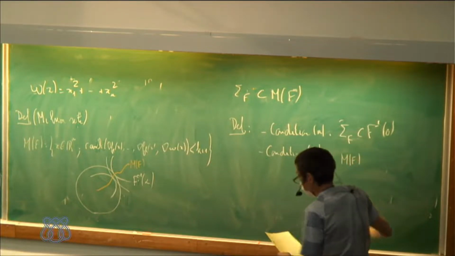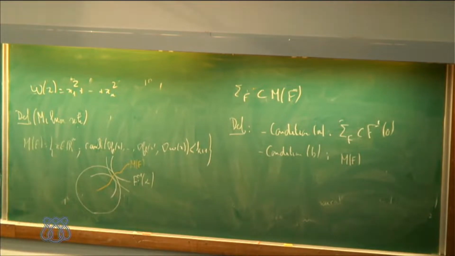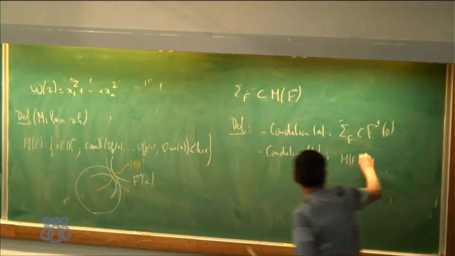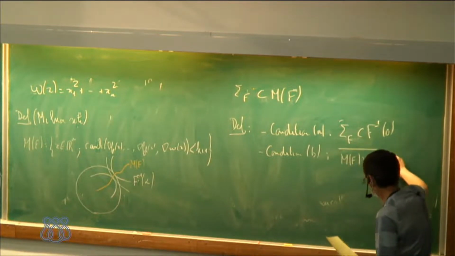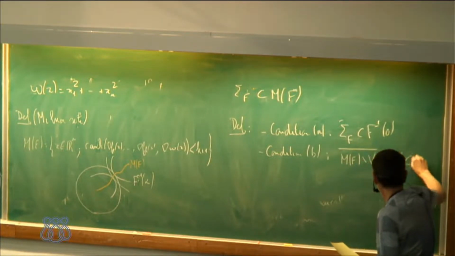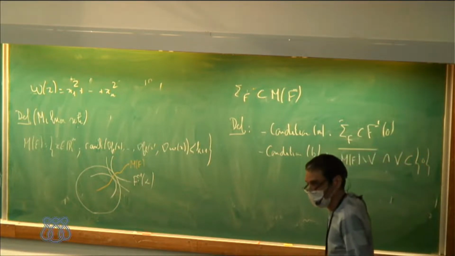Maybe I should write V for f^{-1}(0). You take the closure of the Milnor set minus V, intersected with V, and it should be just 0 in the neighborhood of the origin.